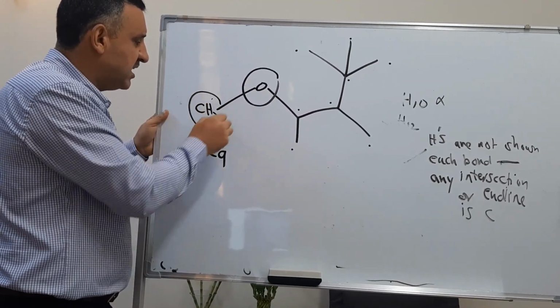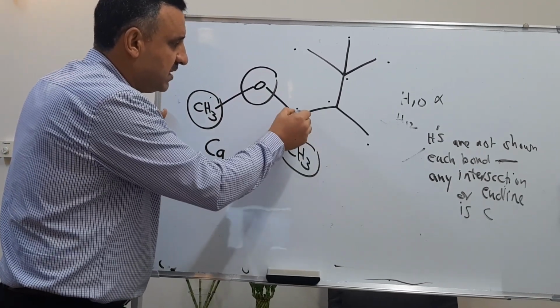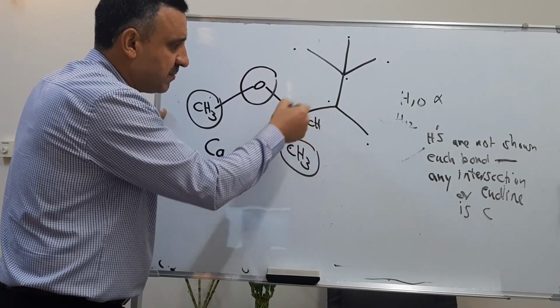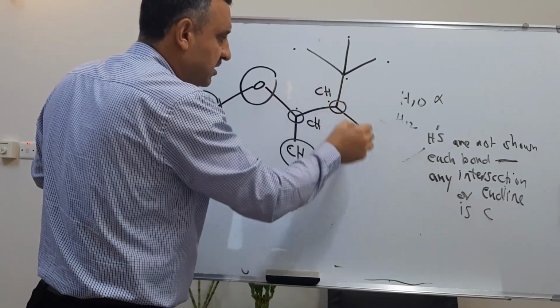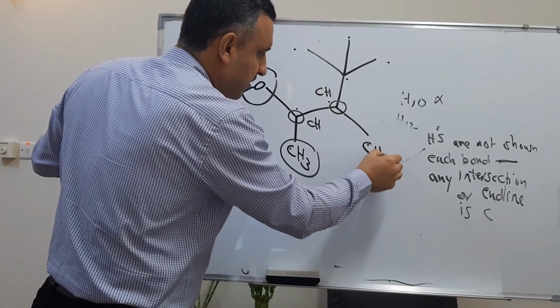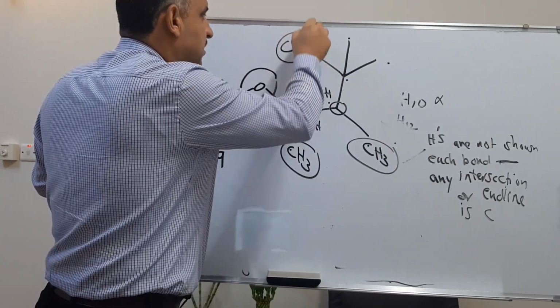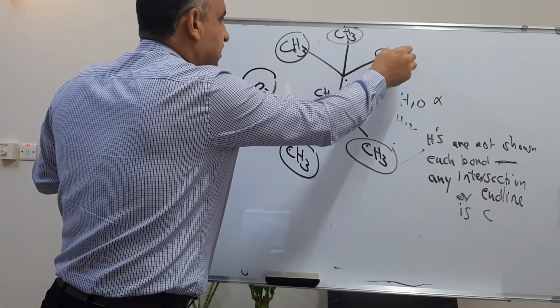And of course the number of hydrogens you can simply work out slowly this way. This is a CH3, this is a CH3, this is a CH for sure because it's this carbon connected to 3. This is again another CH, and this is a CH3. Again, this is a CH3, CH3, and CH3.